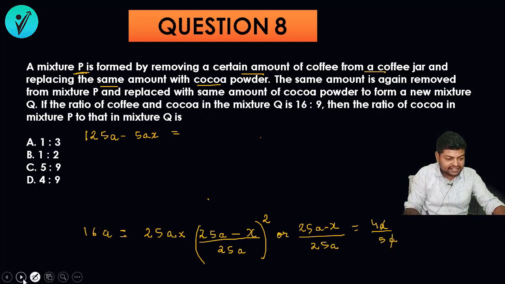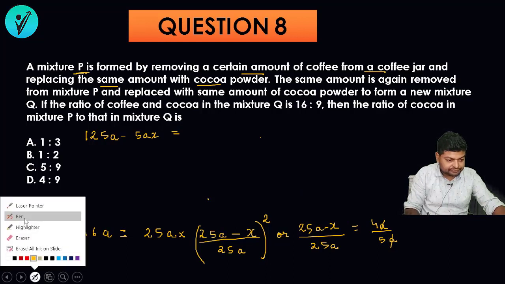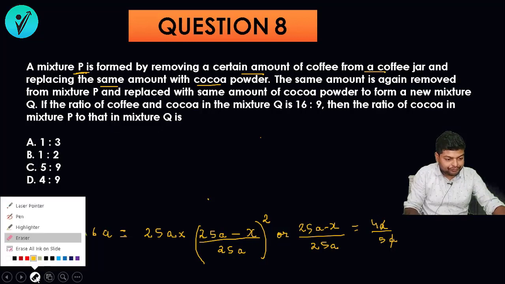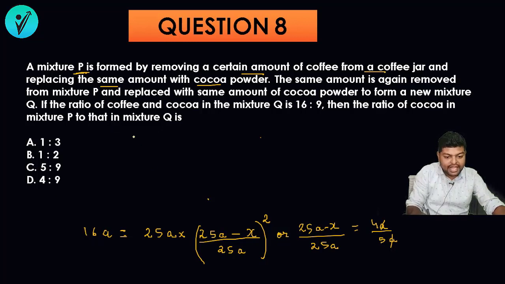We can easily cancel it. So we'll have 125A minus 5x equals to 100A, or 25A is equals to 5x. So the relation of A upon x is what? A upon x will be 1 upon 5.